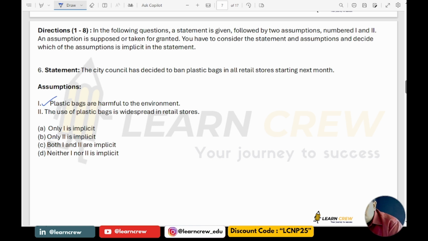It is an assumption on which your statement is based. True. The use of plastic bags is widespread in retail stores. If something is widespread in retail stores, it is going to be banned, is not thinking logically. So 2 is not implicit. Only 1 is implicit. So option A is correct.